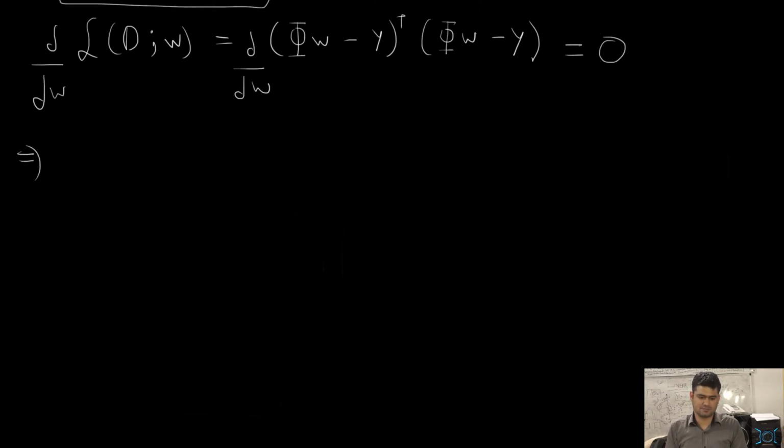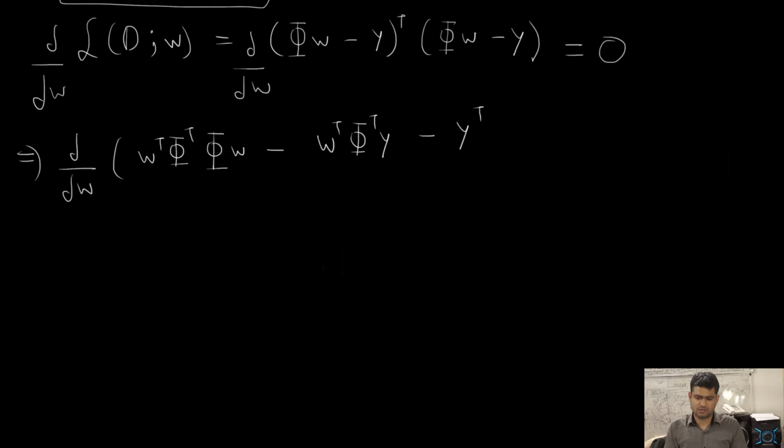So this gives us w transpose times phi transpose times phi times w, minus w transpose times phi transpose times y, minus y transpose times phi of w, plus y transpose times y, and set this derivative to 0. So we just compute the derivative.